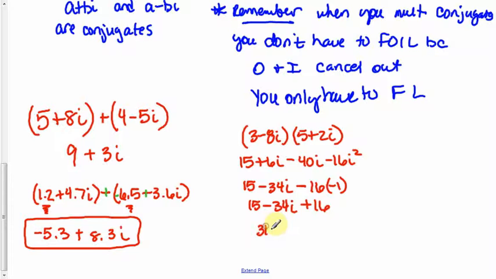So you're going to end up with 31 minus 34i. Any questions?